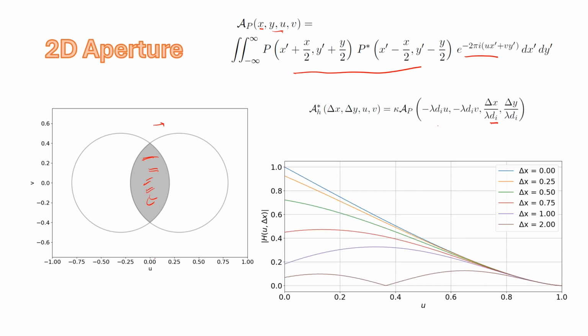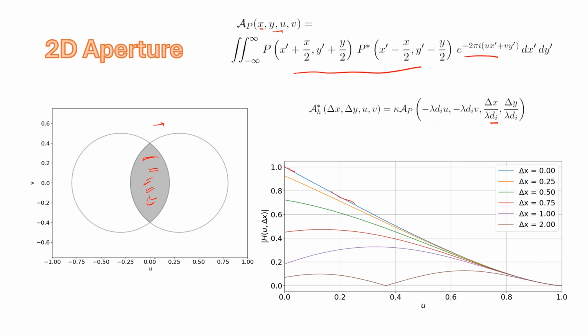If we do that numerically, we get plots that look like this. So for delta x equal to 0, the transfer function is the same as the incoherent transfer function. So we get this envelope here that's the autocorrelation of the circle with itself.